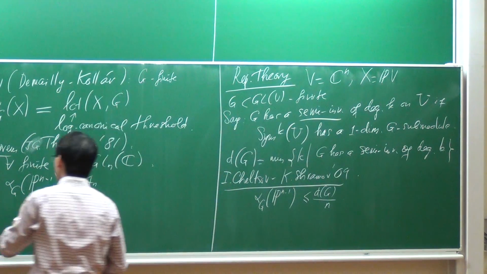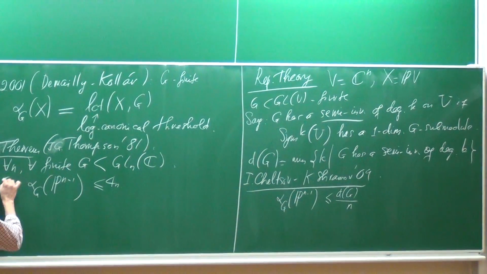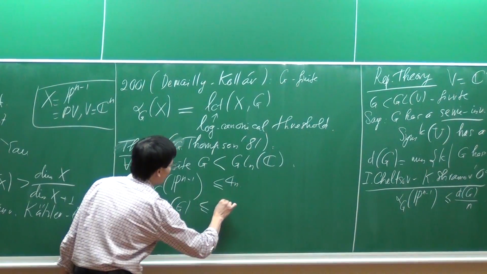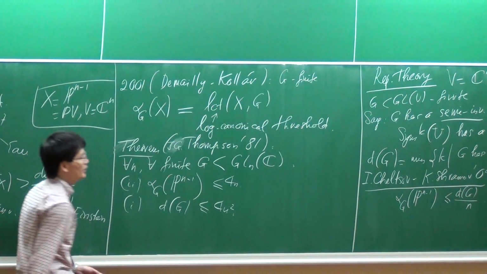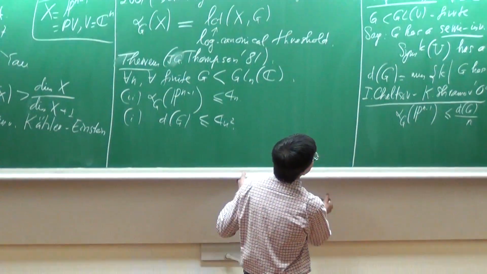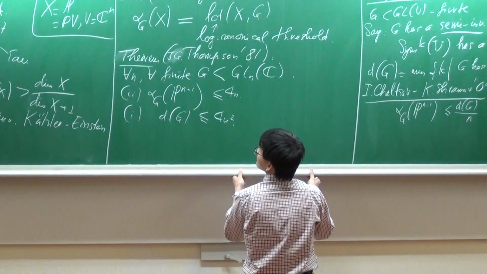So in fact, the result that Thompson proved was that d(G) is bounded by 4n squared. Okay, and then divided by n, then we get 4n.